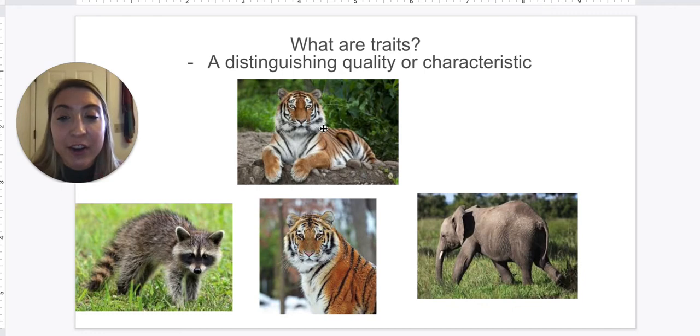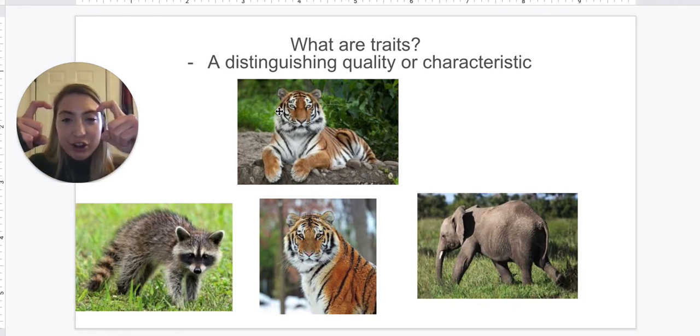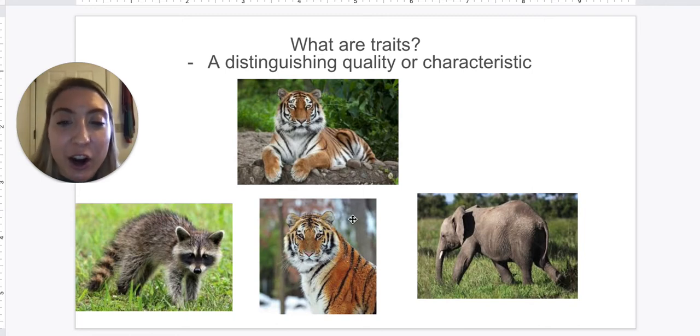Their ears are not pointed, they're kind of circular, and their eyes and their nose look alike. So we're going to be matching animals to who their parent or offspring would be by looking at their traits and characteristics to see how they are similar.